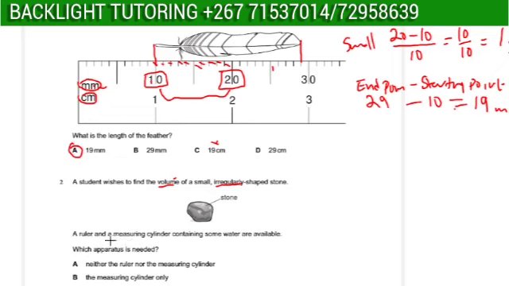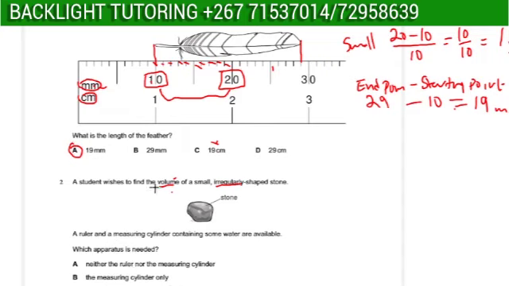Here the question says a ruler and a measuring cylinder containing some water are available. Remember, here we are looking at volume.